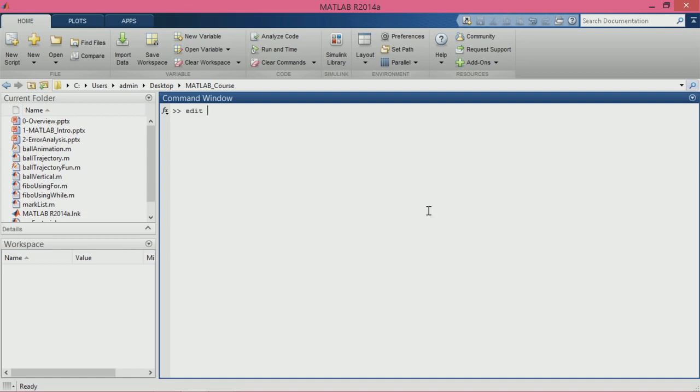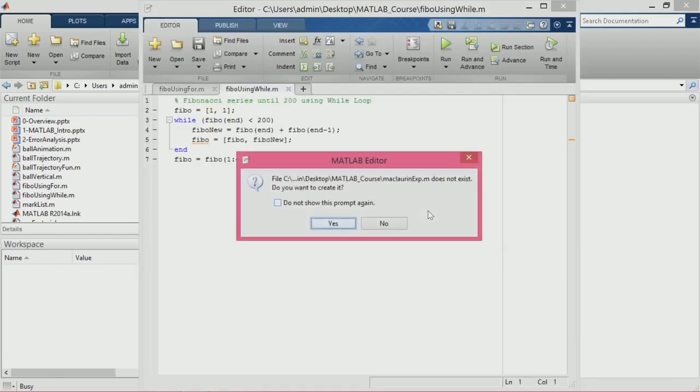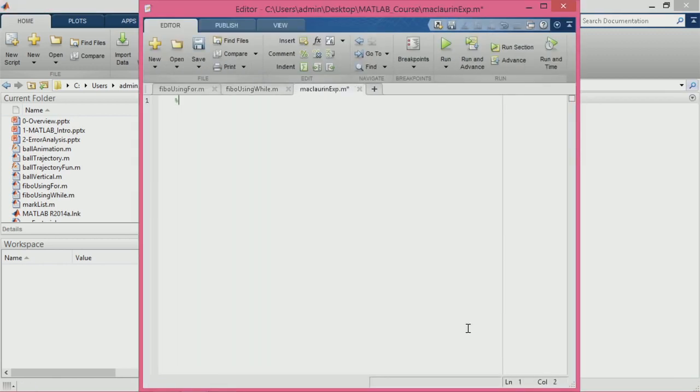So, let us open a script file, let us call it Maclaurin exp. We will create the file: Maclaurin series for exp of 0.1.